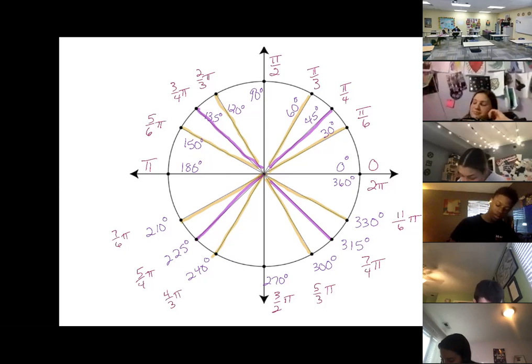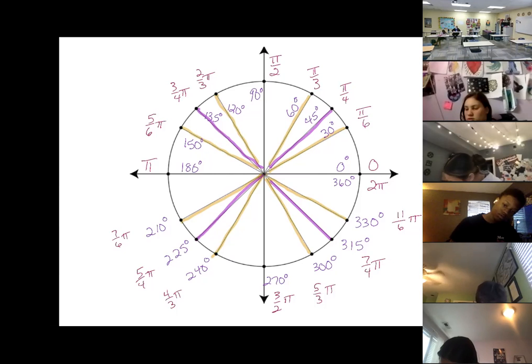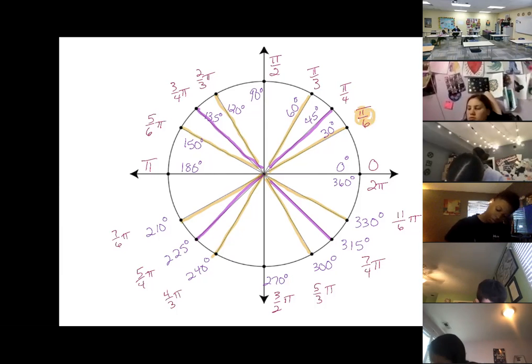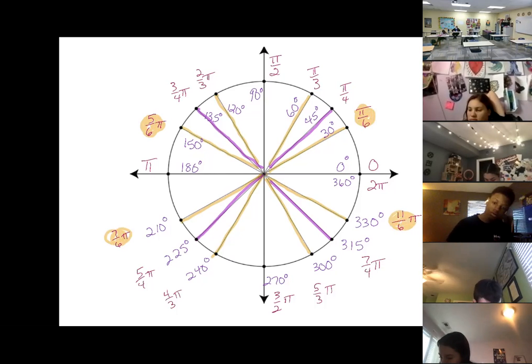Okay. So you might want to highlight or notice, let's see. So pi over 6 is here, and 5/6 pi is here, and 7/6 pi is here, and 11/6 pi is there. That's where all the 6s are.